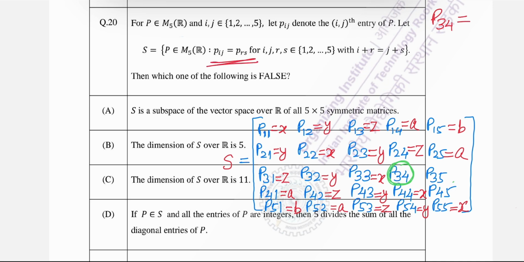Impose the first condition, and that will be equal to PRS. Now impose the second condition: I plus R, 3 plus R equals J, J is 4 plus S, and R minus S will be 1. And I show you an entry where R minus S is 1. Here you see, I show you in yellow enclosure, P21, 2 minus 1 is 1. So our P34 will be Y.